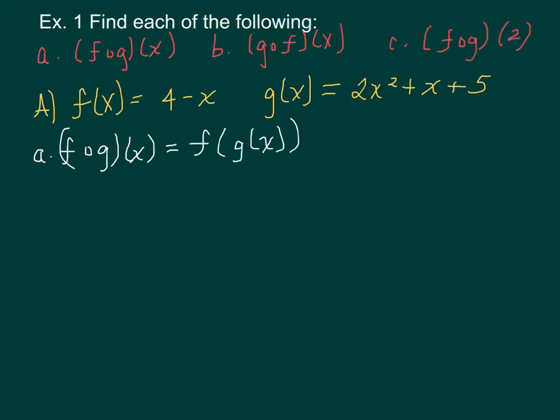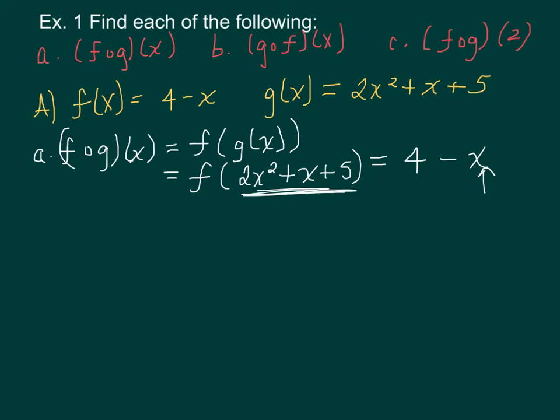You're going to take g of x, which is 2x squared plus x plus 5, and you're going to plug that into the f function. So if you notice, f of x is 4 minus x. So you're going to replace this x with this part right here. So it'll be 4 minus 2x squared plus x plus 5.